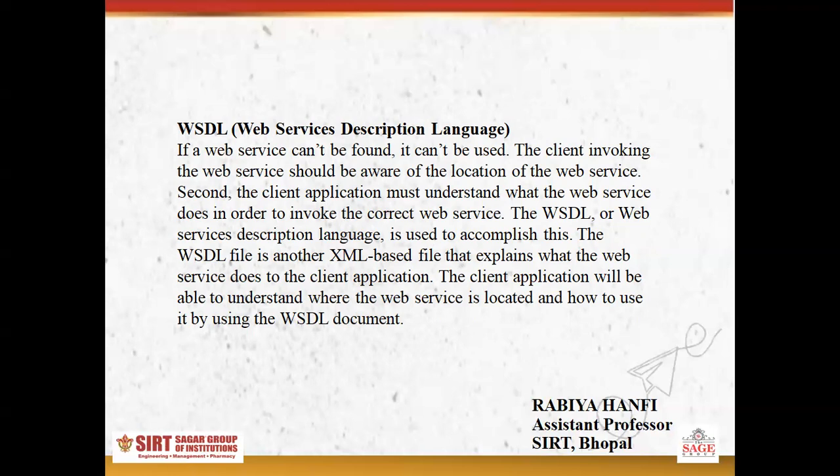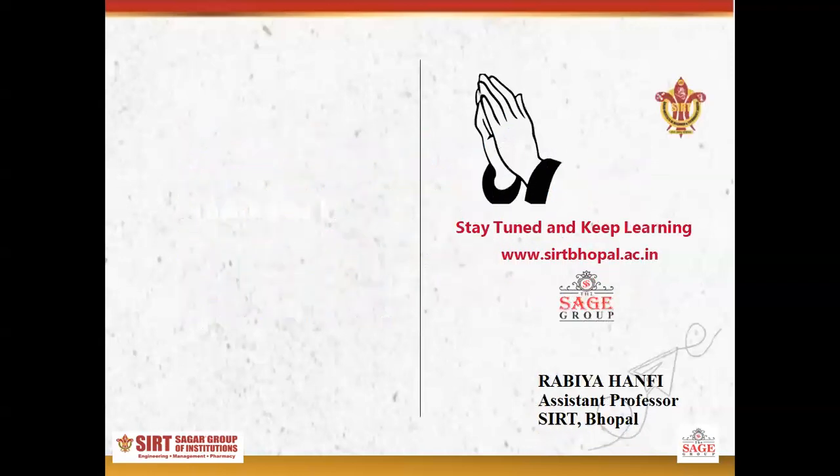The WSDL file is another XML-based file that explains what the web service does to the client application. The client application will be able to understand where the web service is located and how to use it by using WSDL. So basically, WSDL helps us locate our web service, how to use it, where it's located, and how it works.